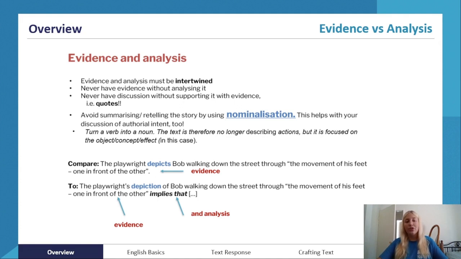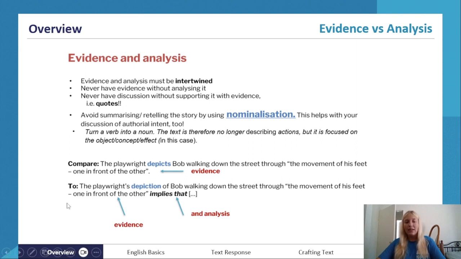This is essentially where you turn a verb or an adverbial into a noun and put it at the front of your sentence or phrase, and it forces you to analyze essentially. So if we look at this example, this is the one that hasn't been altered. The playwright depicts Bob walking down the street through the movement of his feet, one in front of the other.